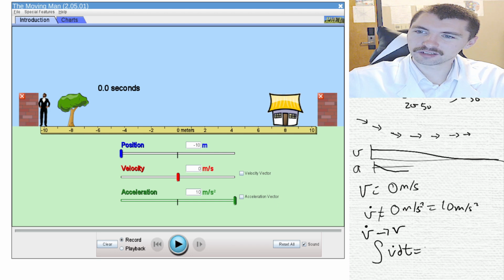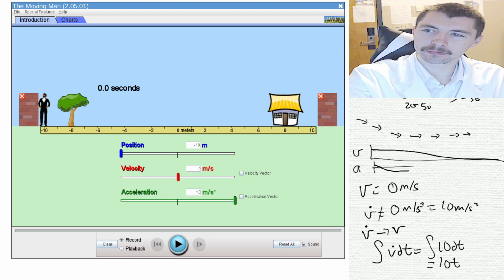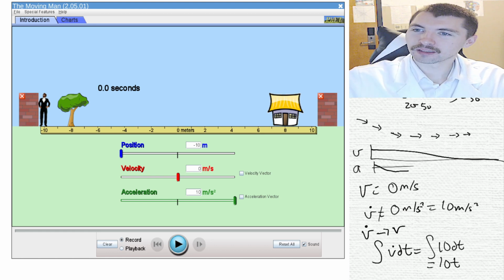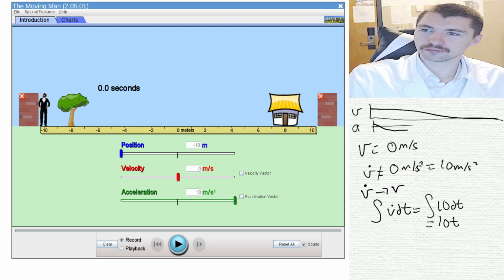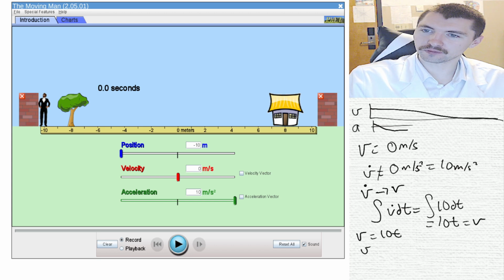So if it's 10, then that is 10t equals V. So V equals 10t.